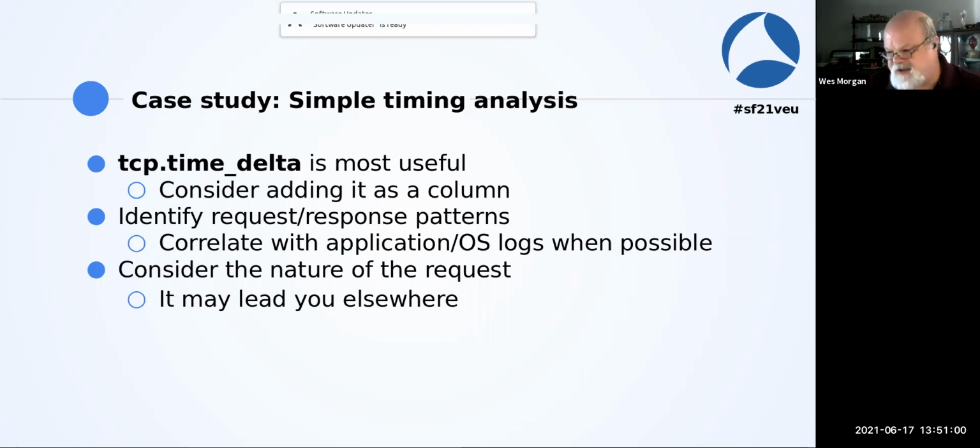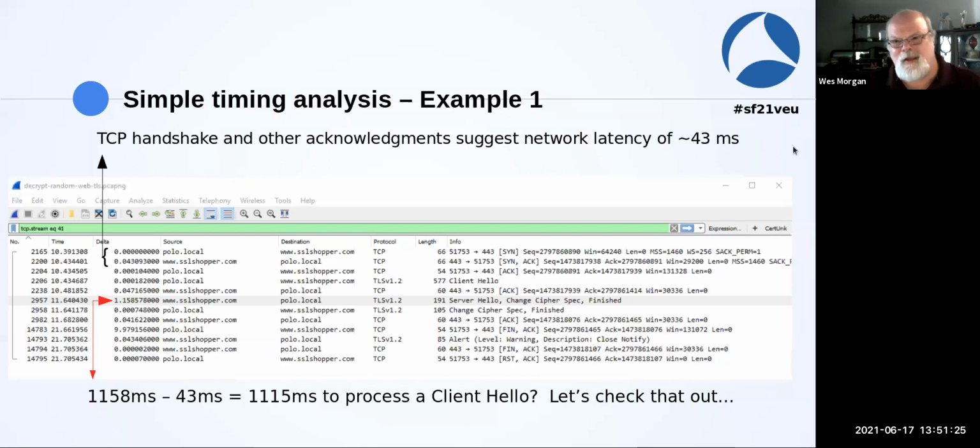Even when the traffic is encrypted, you can identify request response patterns. You can correlate those with application or operating system logs. And you do need to, again, understand the nature of the request in question because it may lead you elsewhere for troubleshooting. Let's take a look at a straightforward example.